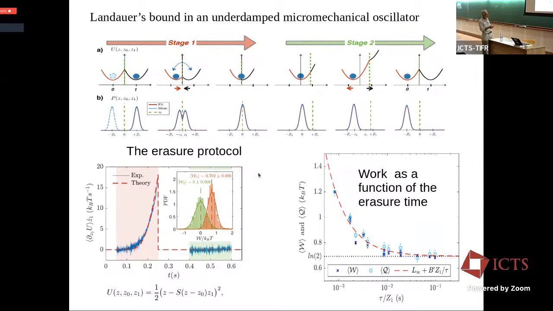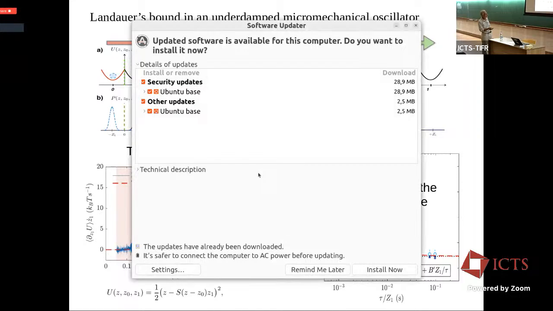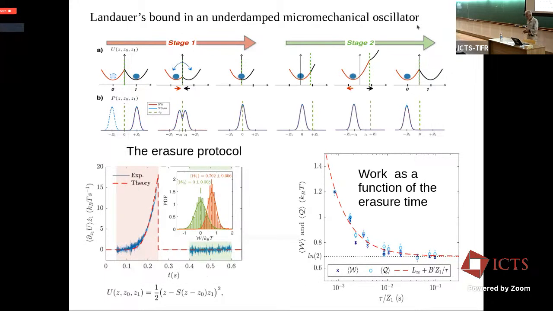And now, plotting things as before, by changing the speed of the protocol, you see again a 1 over tau behavior as in the other case.